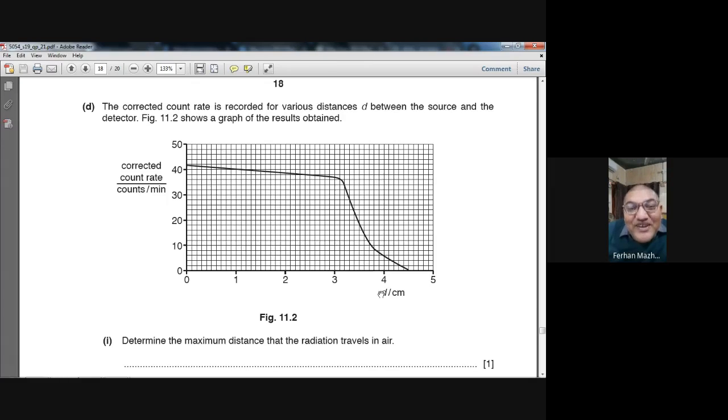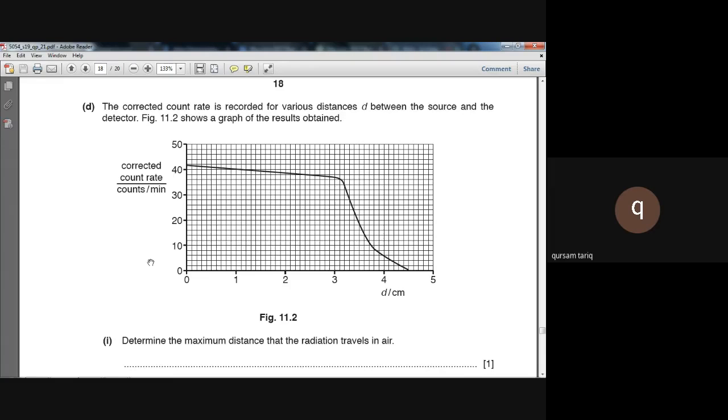When the GM tube was 4.5 centimeter away from the source, this graph tells me the radiation was not able to reach the GM tube. So the GM tube started showing zero reading. Understand this thing.